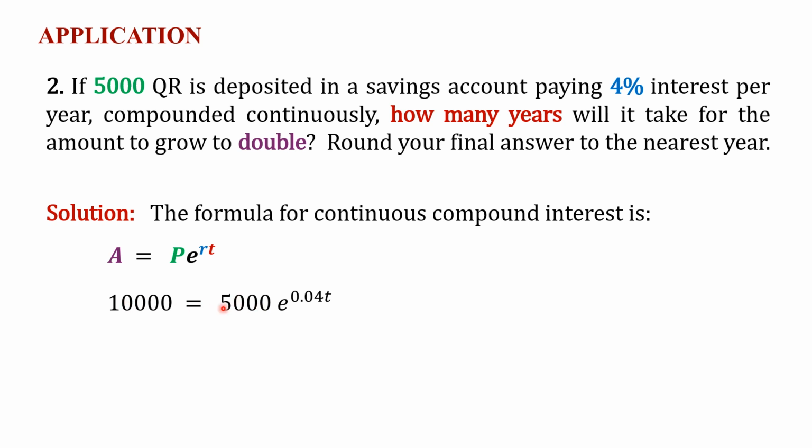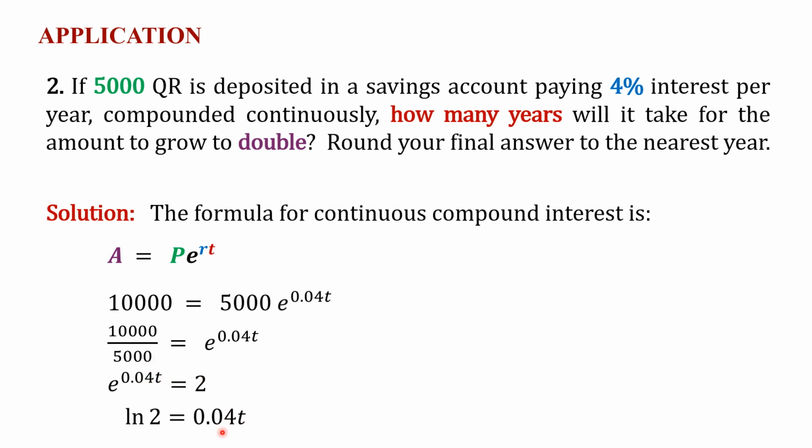So what we're going to do here is divide both sides by 5,000. So the left side will be equal to 2, and that equals e to the 0.04t. Now it's ready to change to logarithmic form by taking log base e, or we can write it as ln of 2 is equal to 0.04t.